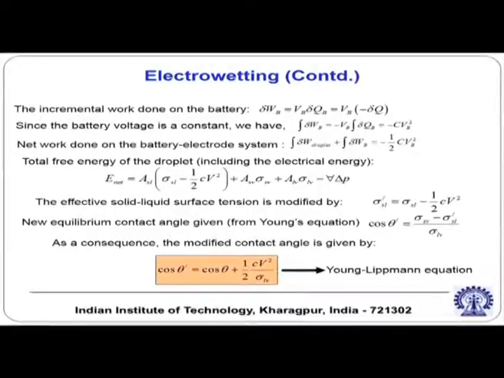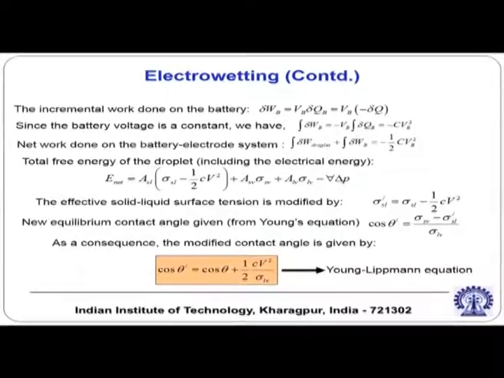If the capacitor is charged by the charge plus delta Q, then for the battery it is a loss of charge. So for the battery, delta Q battery is minus delta Q. Since the battery voltage is constant, you can take this V_B outside the integral, and then the total work for the battery is minus C V_B squared.